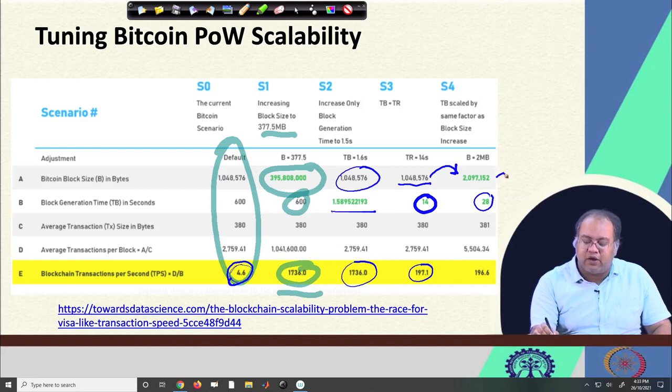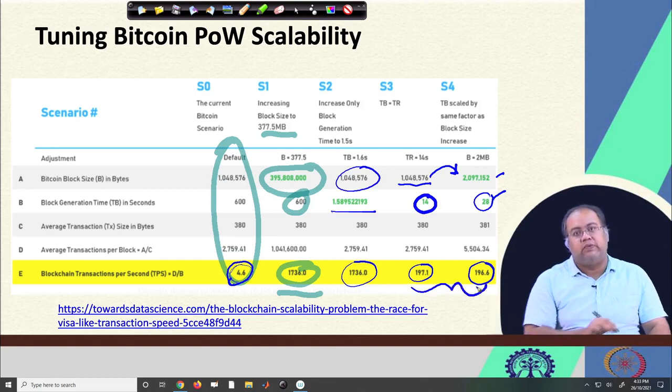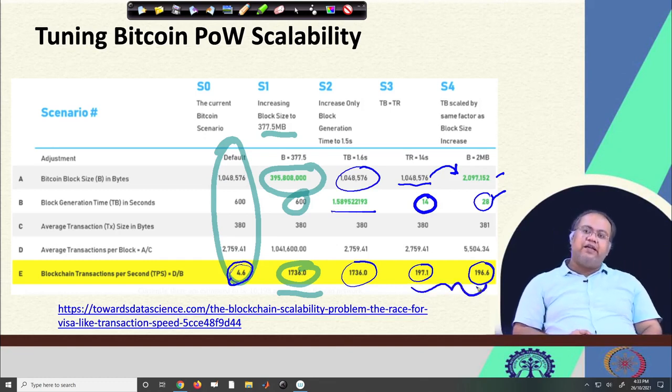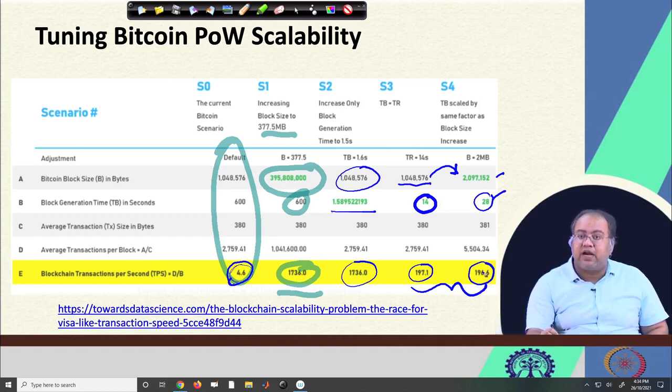Now, if I double the block size and double the block generation time, you see that my transaction throughput comes to be 196.6. So, not much difference between these two. That means if I increase the block size, and I provide the minimum time for generating that block, then with the increase of block size that time also increases proportionally, and I do not get any gain in terms of transaction throughput.